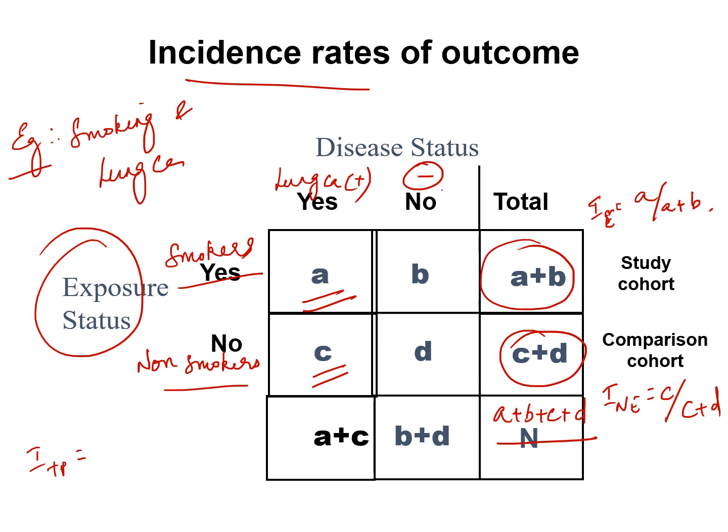The new cases will be all the diseased individuals, which is A plus C, divided by the population at risk, which is the total population, A plus B plus C plus D. This is how you calculate the incidence rates.